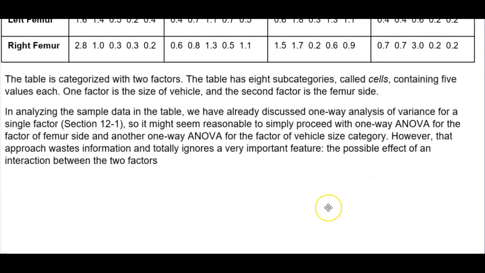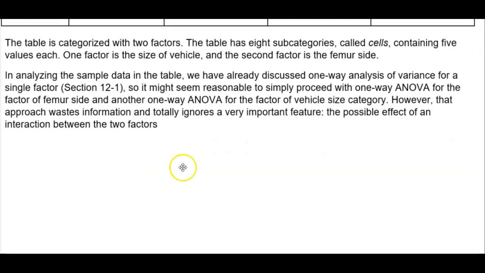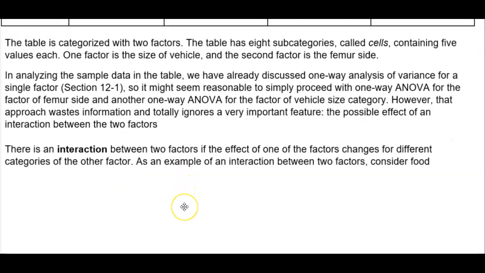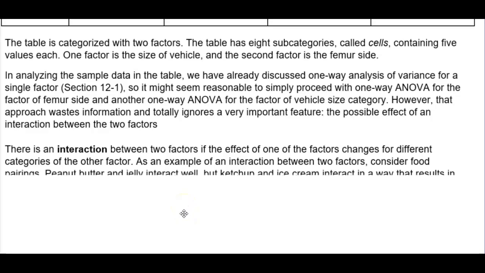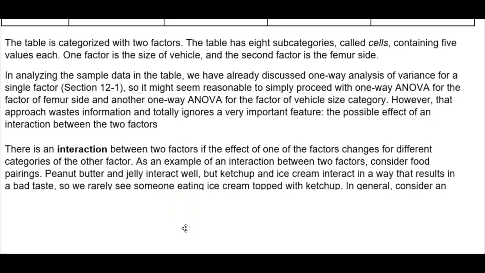However, that approach wastes information and totally ignores a very important feature, the possible effect of an interaction between the two factors. There is an interaction between two factors if the effect of one of the factors changes for different categories of the other factor.